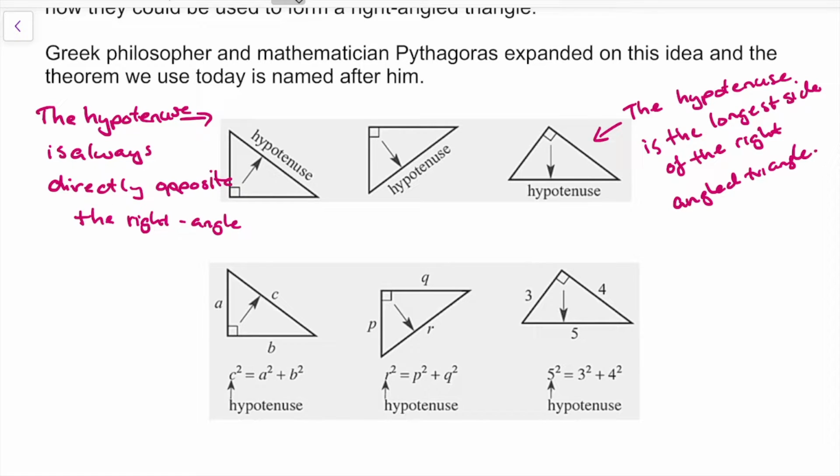And you can see that in those couple of little diagrams there. We've got our right angle, and the hypotenuse is this side directly opposite it.